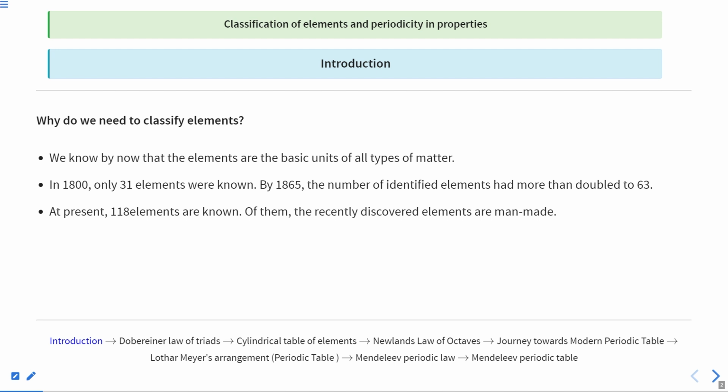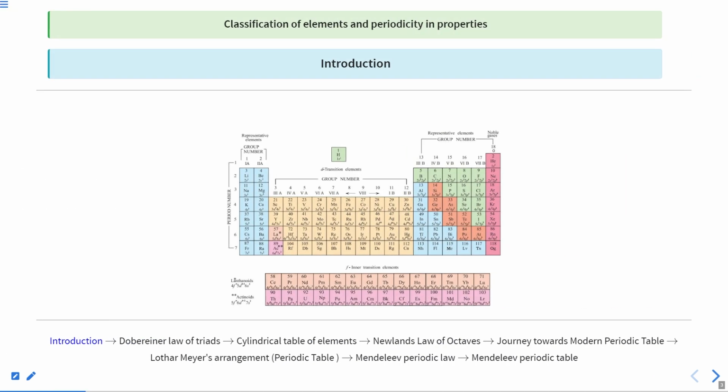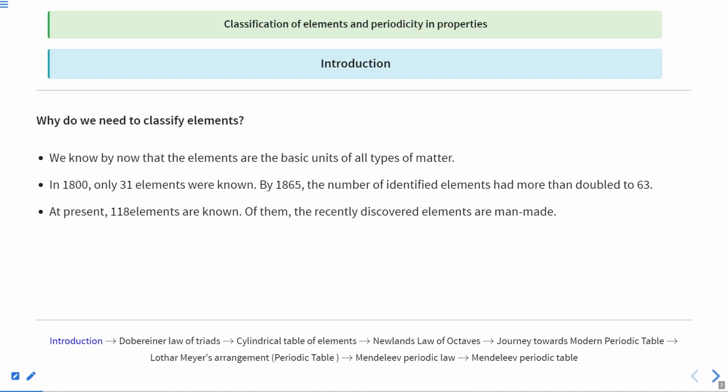To make things easier, what do we do? We try to group those elements which have similar properties in one set, so that if you know the property of one, you can predict the property of the rest of the elements. That is the main motive behind classification: to study the properties.